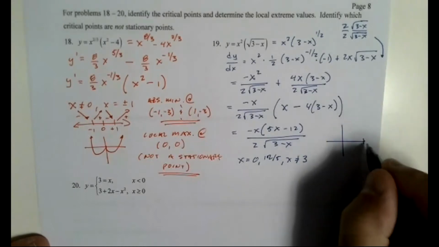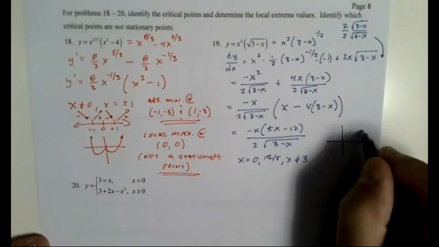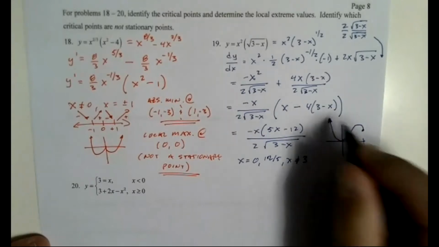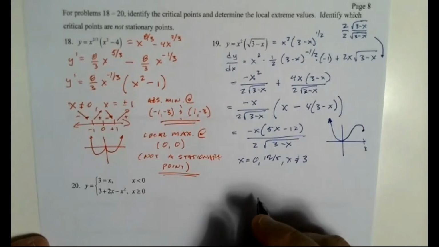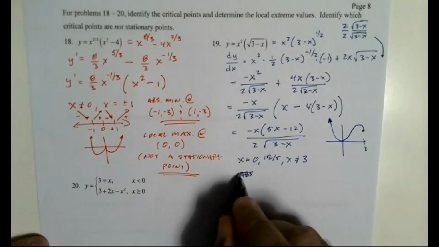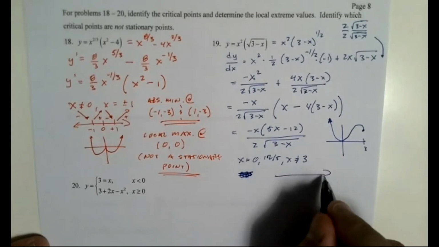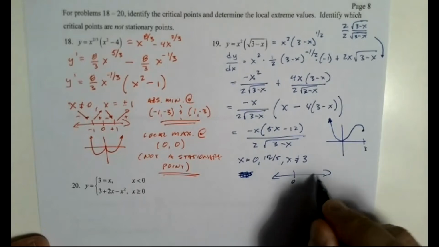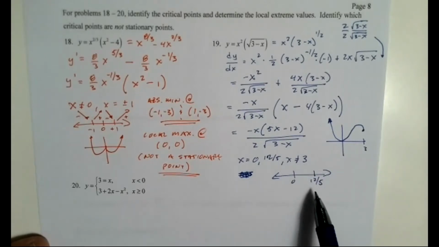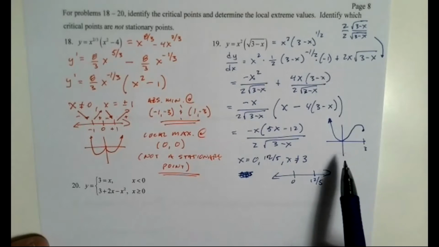We go out to about 3 and we got this zippity-doo-dah thing here. So we have an absolute, if we go back to you, 0, 12/5. That's 2.4. So I got to check something really crazy like 2.5 because I can't go any further than that.